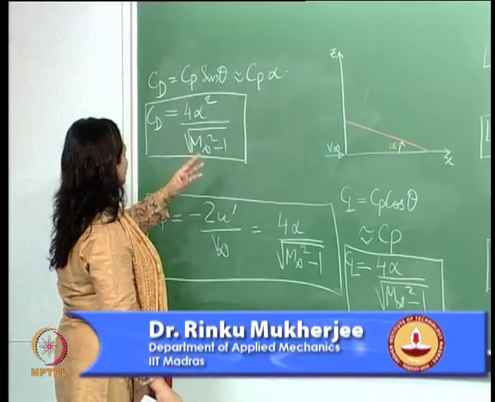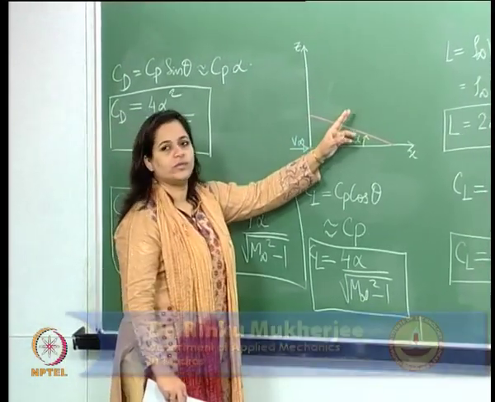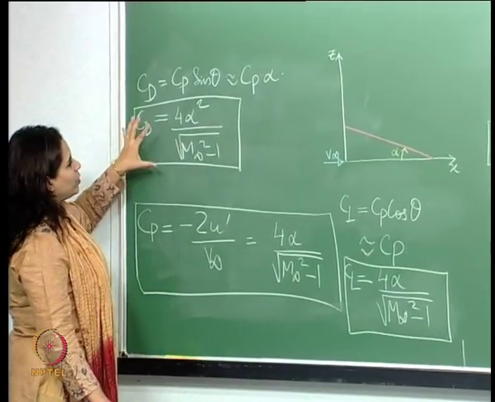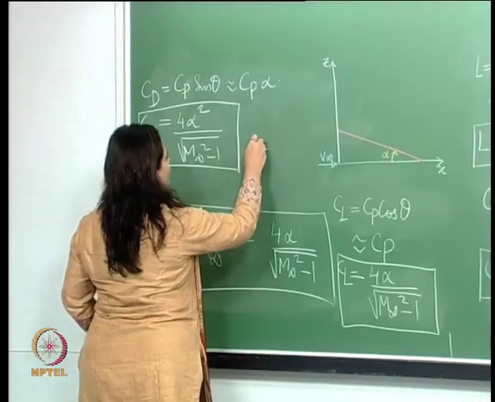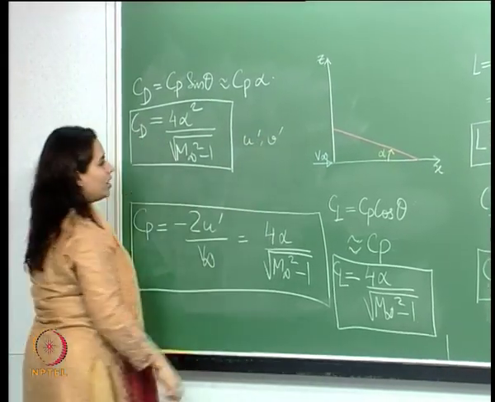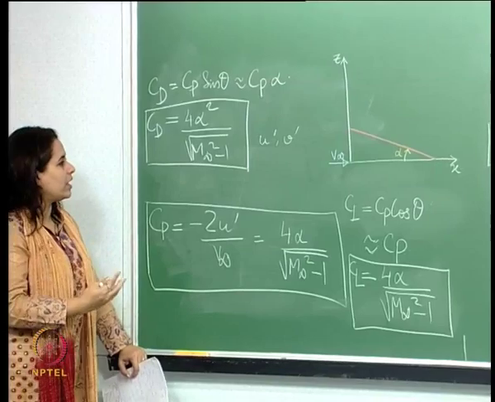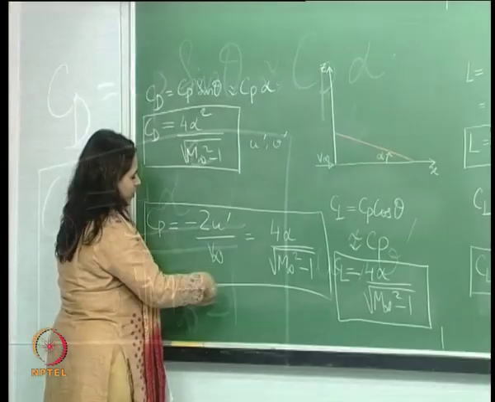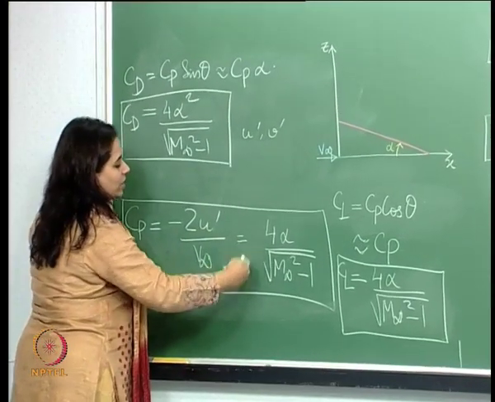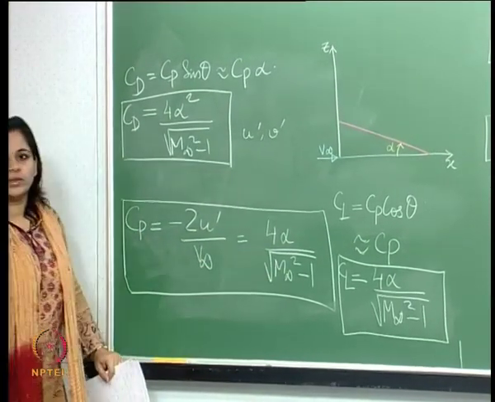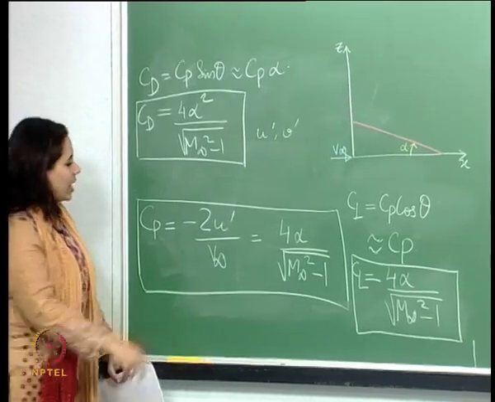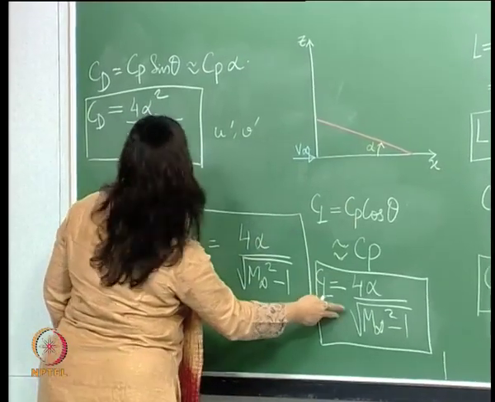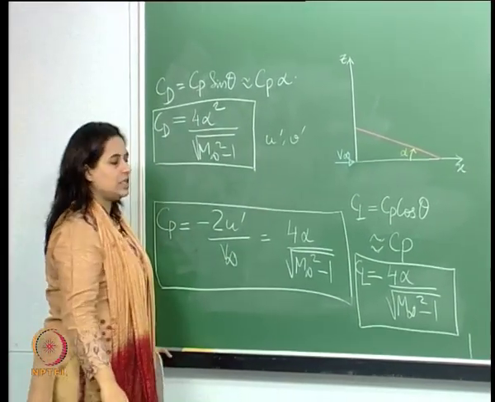We got an expression for u dash and v dash, the perturbation velocities, and using that we were able to get Cp, writing it using the correction for supersonic flow. Using the coefficient of pressure, we write the Cl and the Cd.